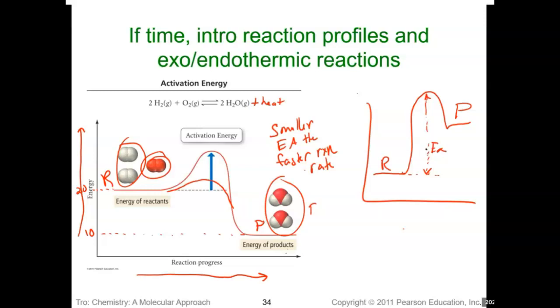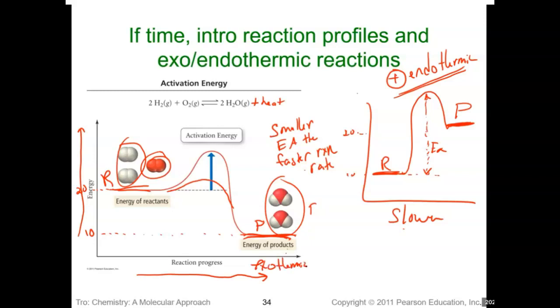And this reaction is going to be much slower because the activation energy is so great. If we look at the difference again, if we call this 10, and this 20, the difference here is positive, and this is endothermic. So when the products have more energy than the reactants, we have an endothermic reaction. When the products have less energy than the reactants, it's an exothermic reaction.